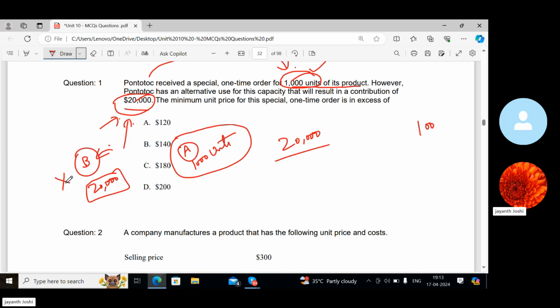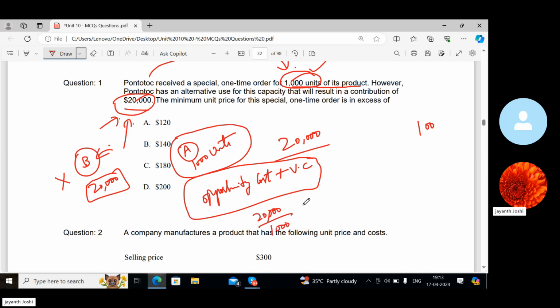So what the company has to do in such cases is recover the benefit, that is the opportunity cost, and the incremental cost, which is the variable cost. So the opportunity cost would be $20,000 divided by 1,000 units, $20, and the variable cost is $100. So totally $120.